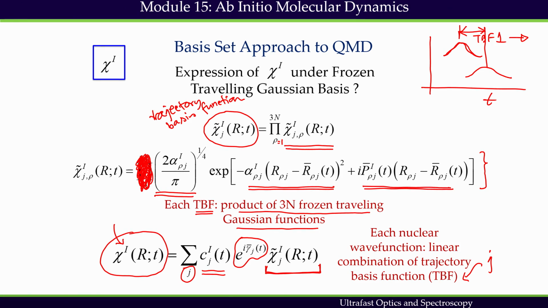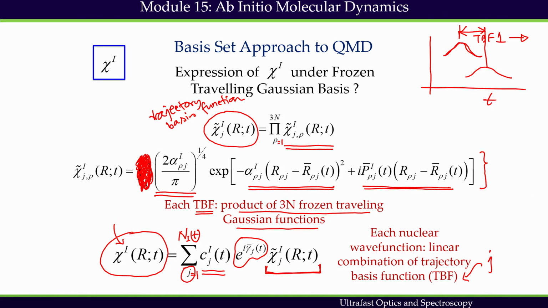Here index J labels multidimensional traveling frozen Gaussian basis functions on electronic state I. N_I(t), which we show here, it should be actually N, then I, then t. So J is varying from 1 to N_I(t). N_I(t) is a function of time, because how many trajectory basis functions I need can be controlled as a function of time.